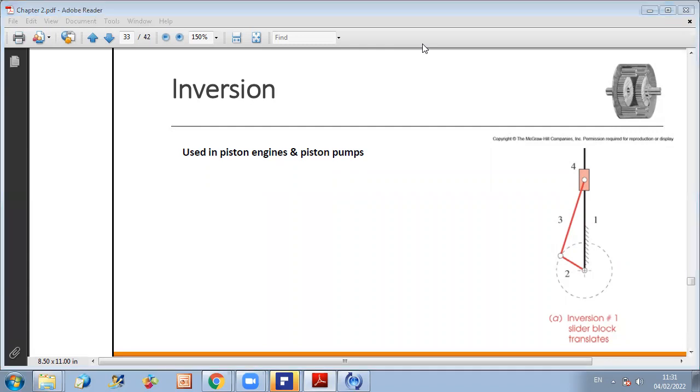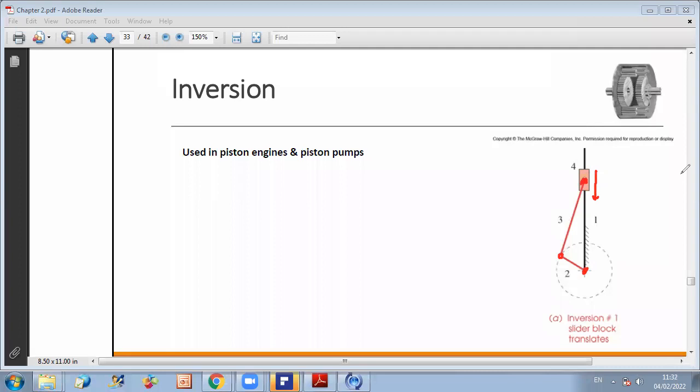Okay, so to create this effect, I have a 4 linkage mechanism, but I have 1 slider joint here to cause the sliding of the piston, and I have other 3 revolute joints connecting the piston to the rod, the rod to the crank, and the crank to the ground. Okay, so what will happen here, if I use an appropriate inversion, I can create the desired motion.